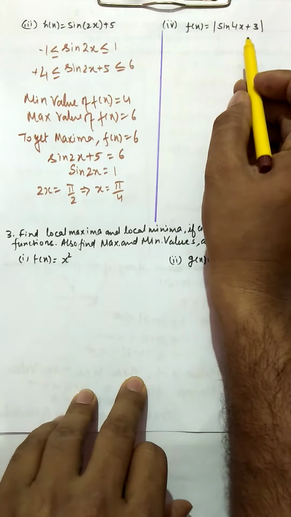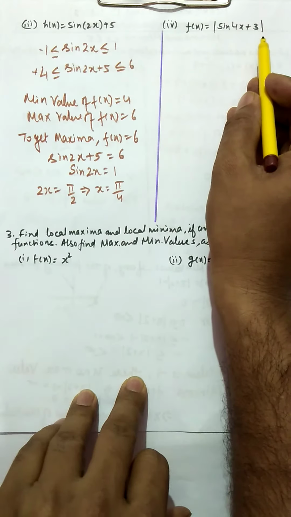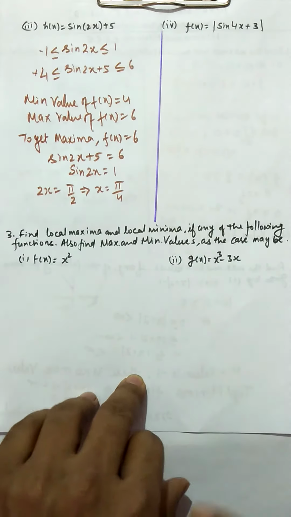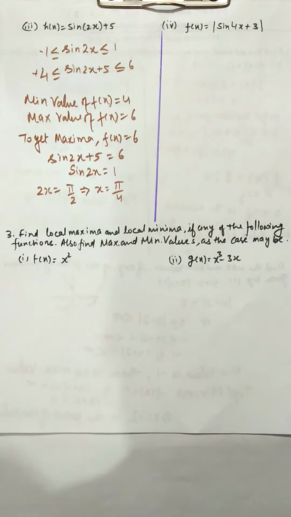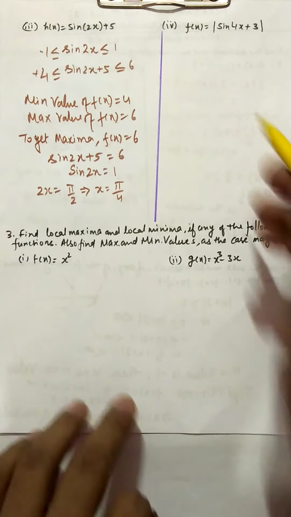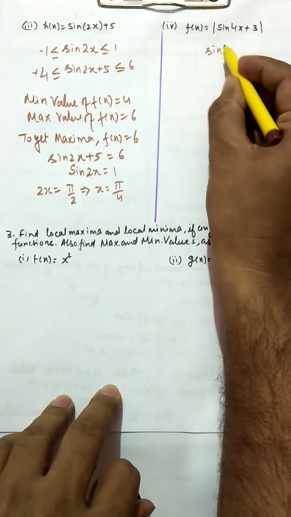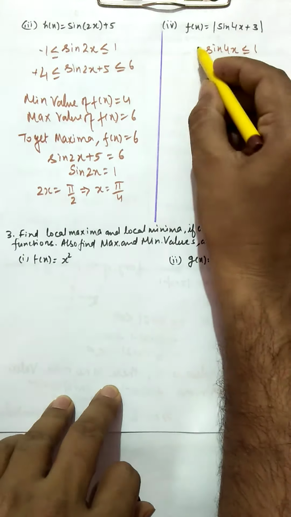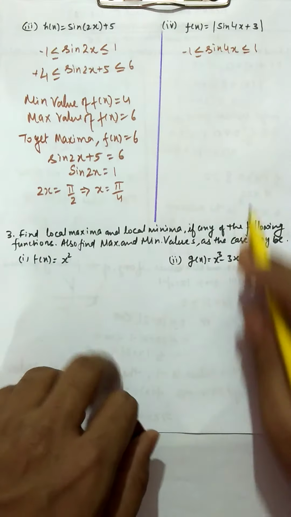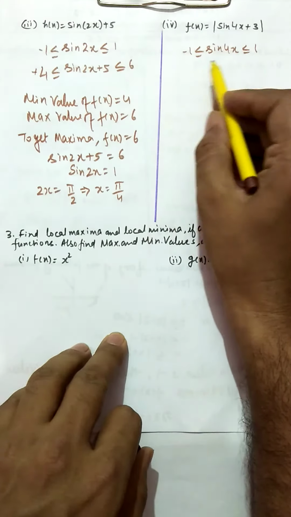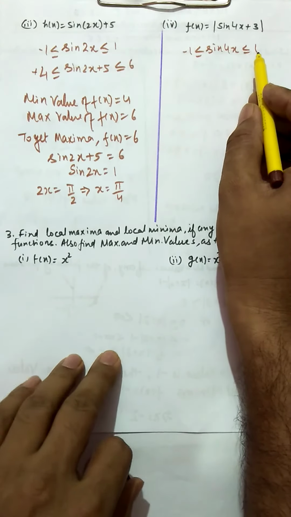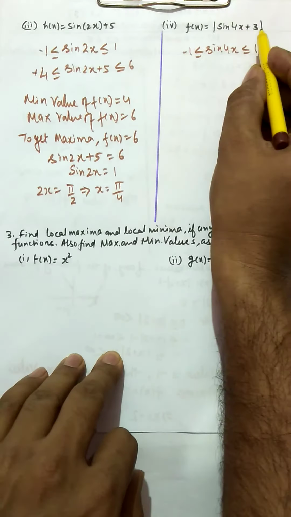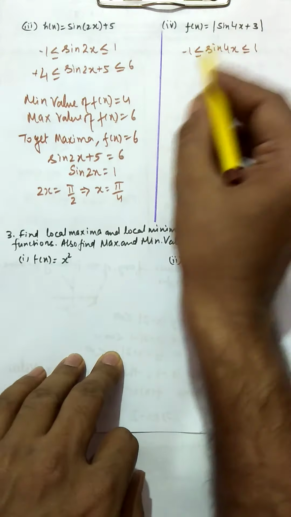Now come to this: sin 4x + 3, and now you can see sin 4x + 3, this value will always be positive. So we know that sin 4x, whatever is the angle, lies between -1 and 1. So the smallest value of sin 4x will be -1 and the maximum value will be 1. So accordingly we can put the values here also.